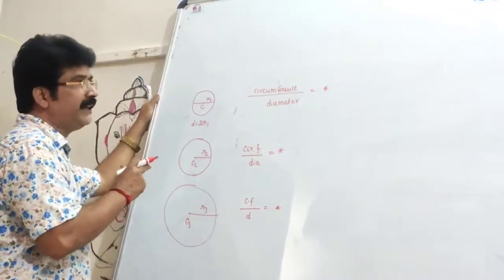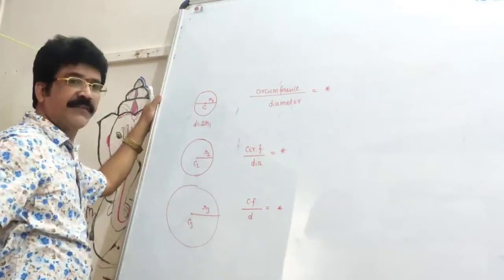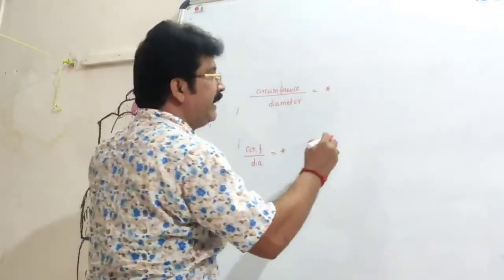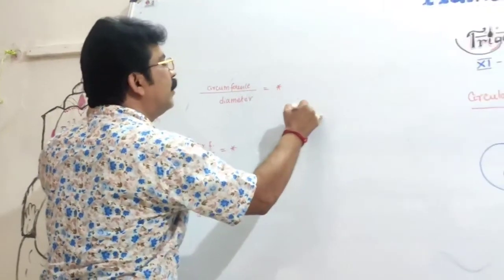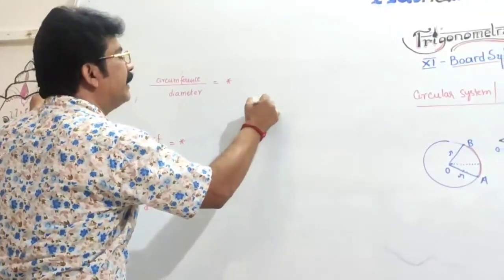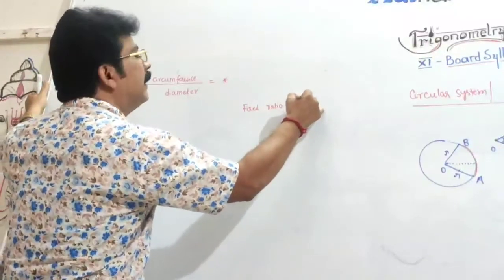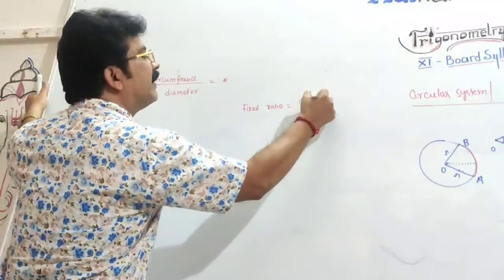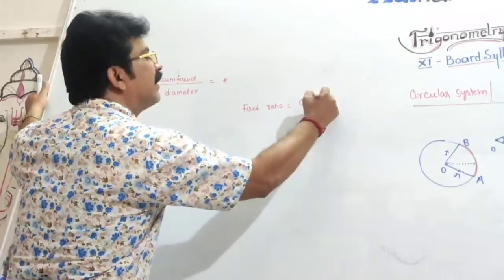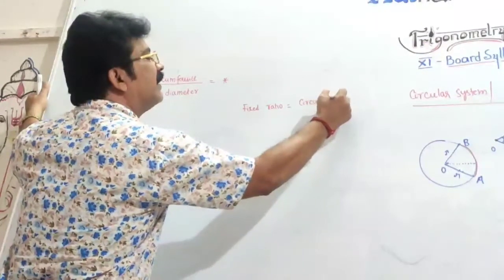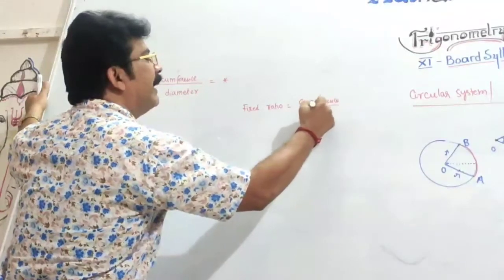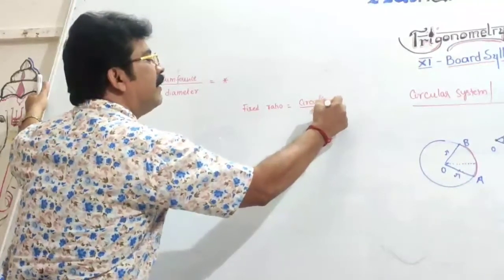So what is happening? For different sizes of circles, we are obtaining a fixed ratio. What is it? The circumference of the circle divided by diameter.